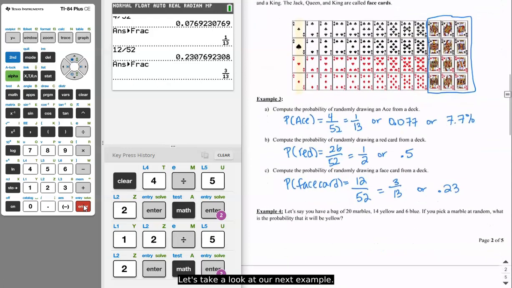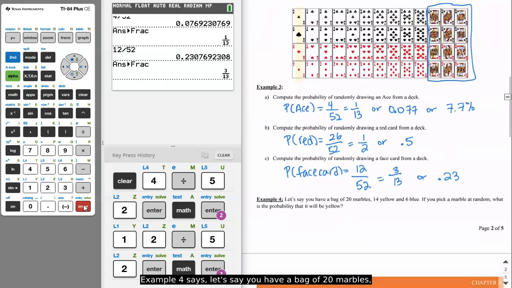Let's take a look at our next example. Example 4 says, let's say you have a bag of 20 marbles, 14 yellow and 6 blue. If you pick a marble at random, what is the probability that it will be yellow? So we write 20 marbles, and then the breakup of them. We want the probability of a yellow marble.